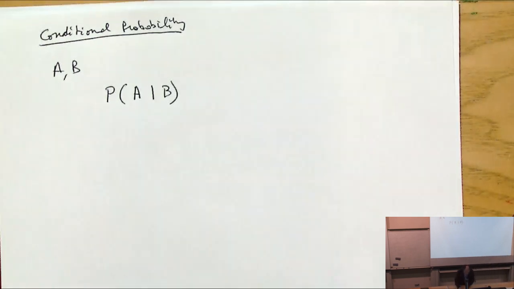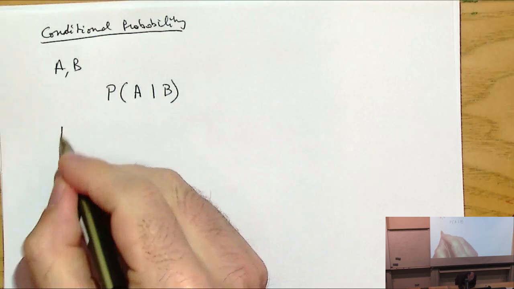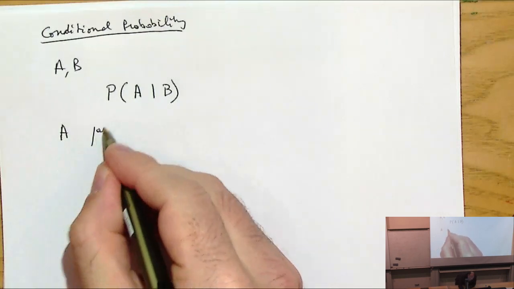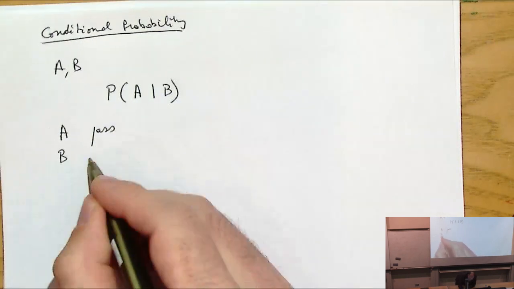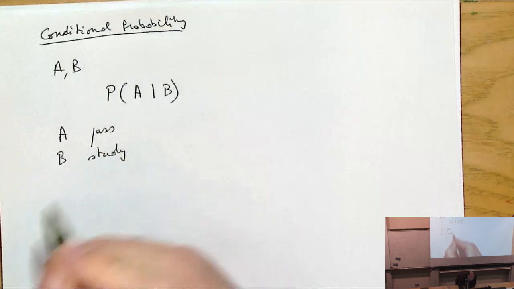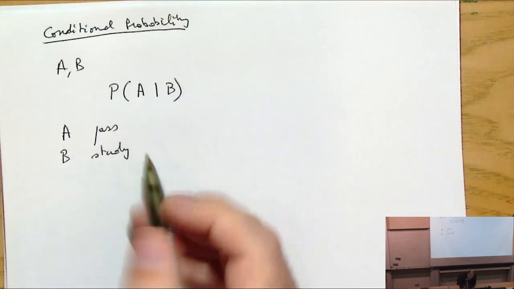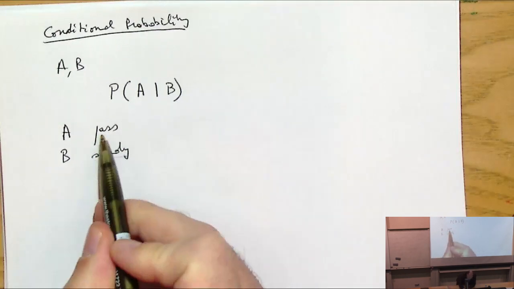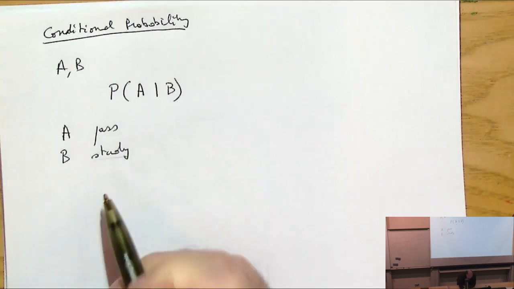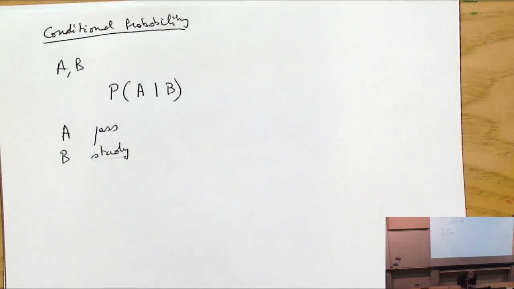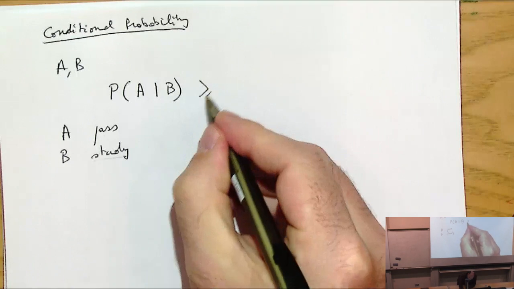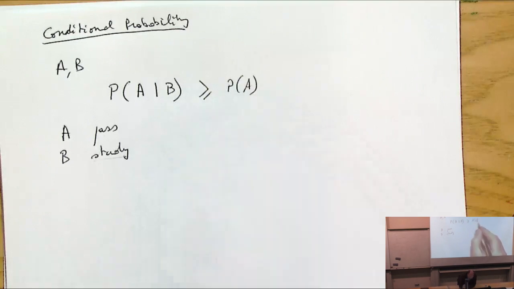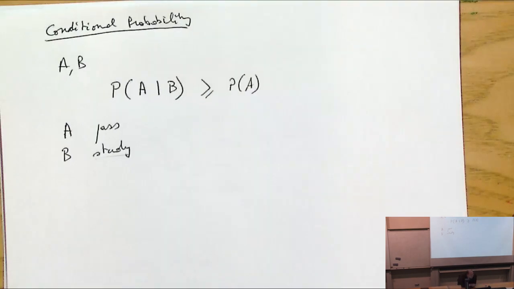Right, so a very simple example is that if you take A is pass and B is study, and I take an exam example. So if you study, what is the probability that actually you pass an exam given that you study, right? Hopefully, you expect that this is larger than P of A. So essentially, studying would have a positive impact on the probability of passing the exam.